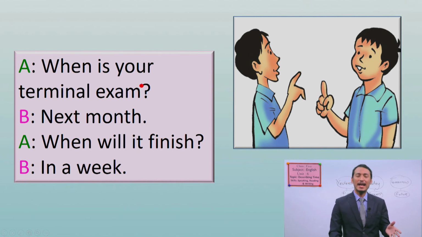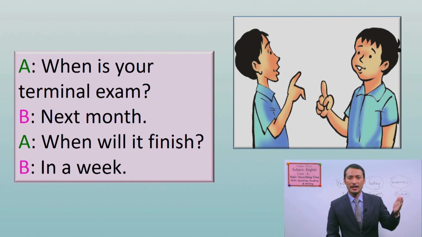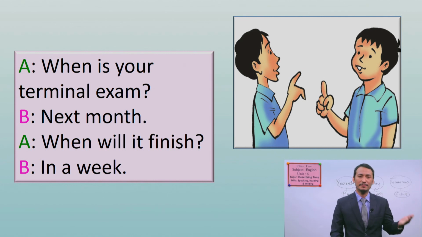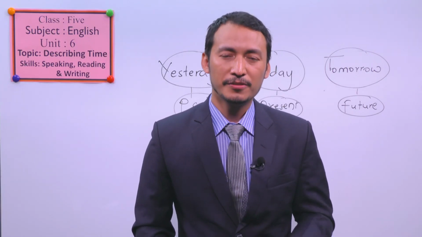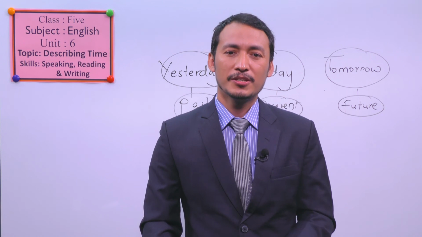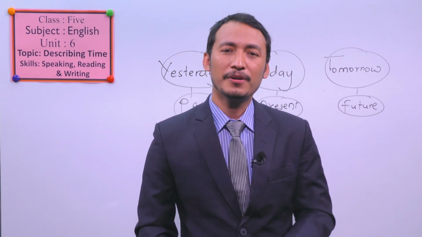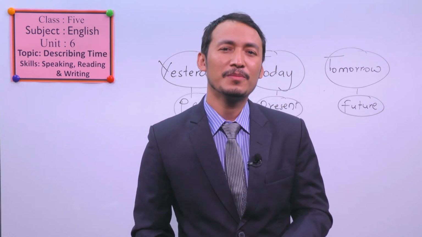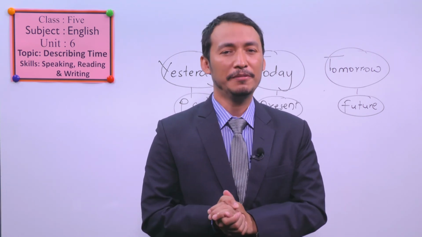Okay, when someone asks for some date or some exact time in a year, then you can use when is your exam, when is your birthday, or when is your time or date for going abroad or going to a city. So you can use when is your for someone's plan or someone's time in the future.